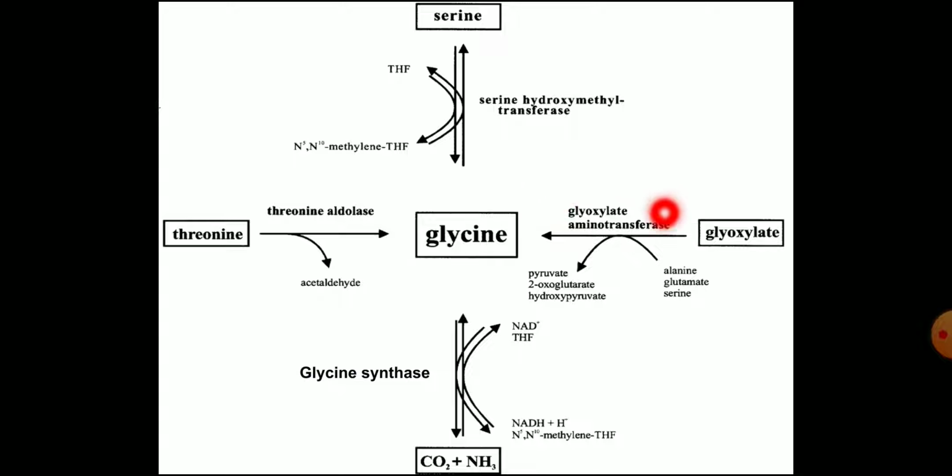So for all these types of reactions, glyoxylate aminotransferase, that is a type of transamination reaction. So by the transamination of glyoxylate, you can get glycine back. So these are the 4 steps by which you can synthesize glycine in our body.